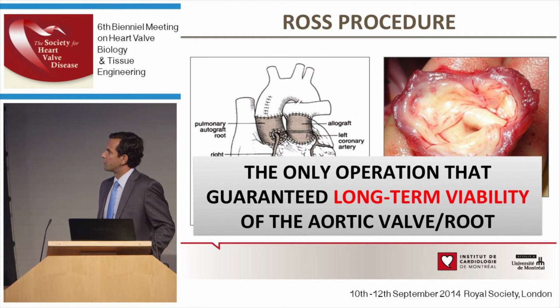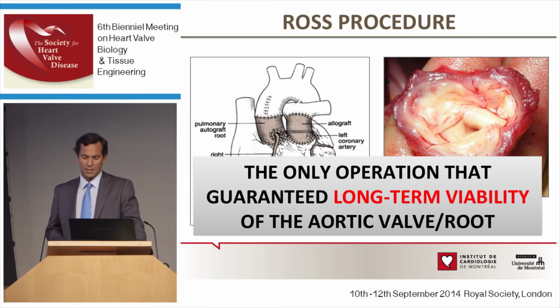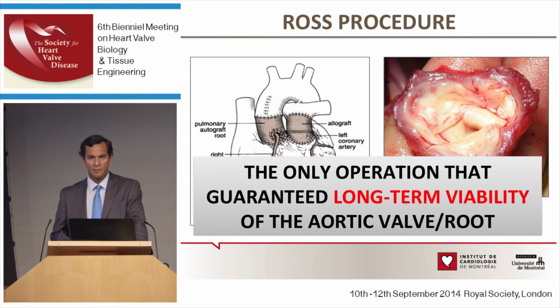The important thing about the Ross procedure is it's the only operation which guarantees long-term viability of the aortic valve and the aortic root. And that is really the premise behind that operation and the reason why we believe that some of these results, which I'll show you, are as published.